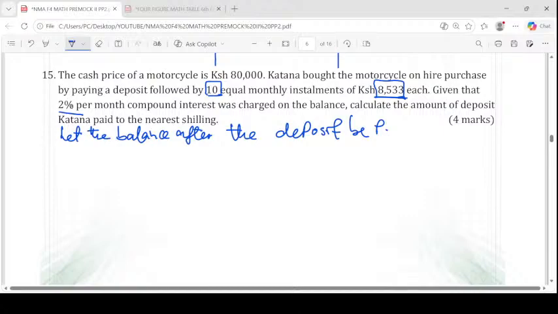Given that 2% per month compound interest was charged on the balance, calculate the amount of the deposit paid to the nearest shilling. Now, we know that the compound interest formula is usually A, amount, is given by P into 1 plus R over 100 to the power of N.